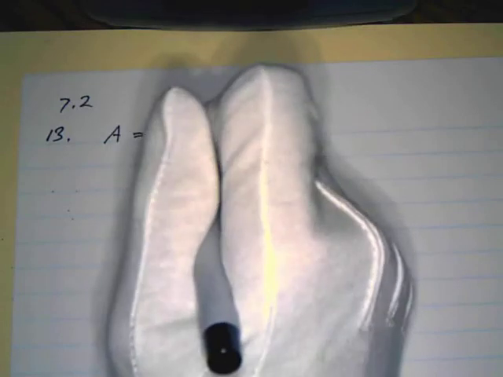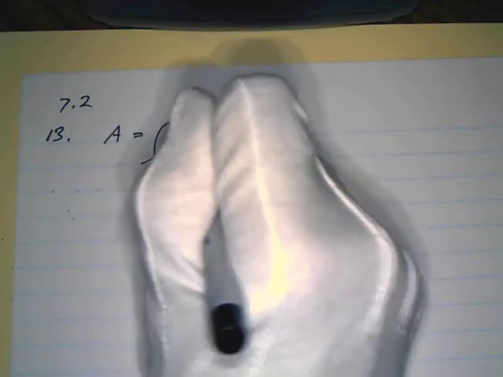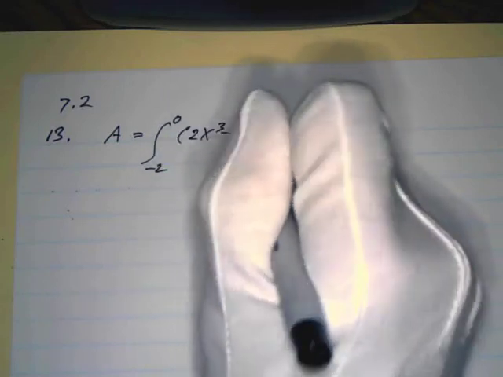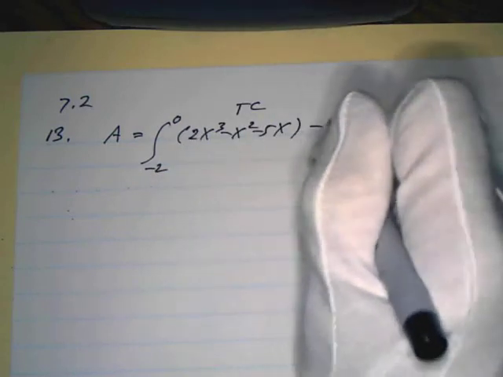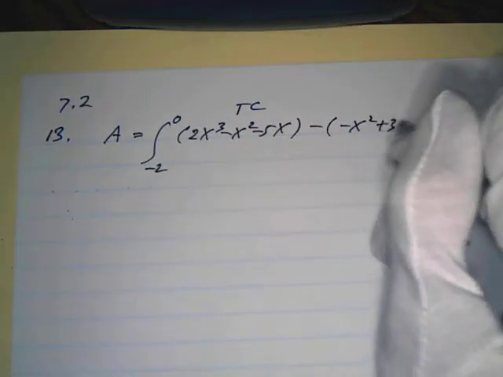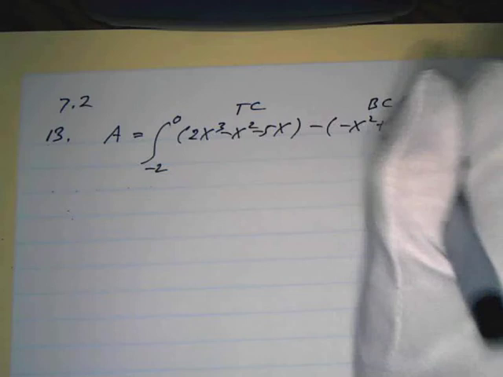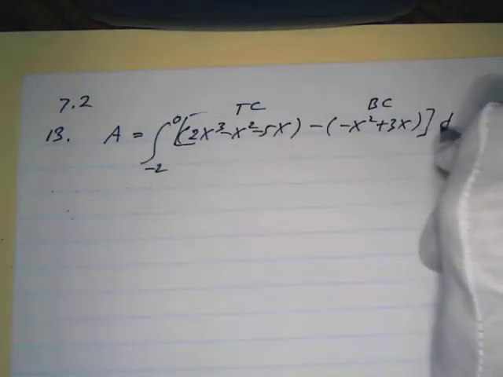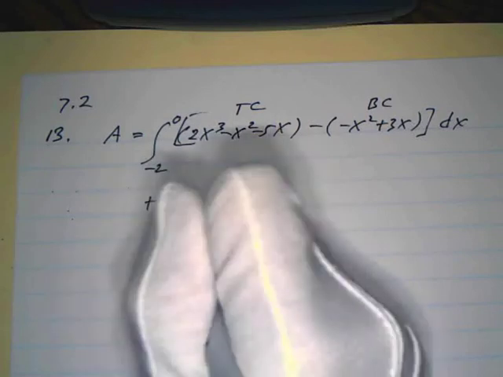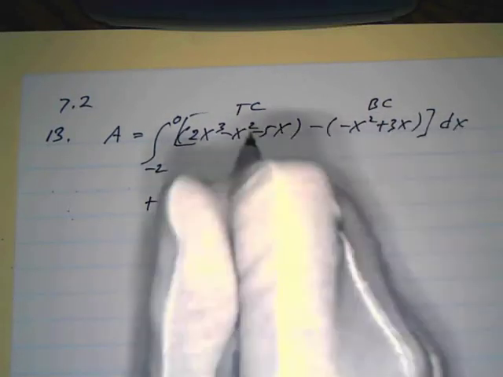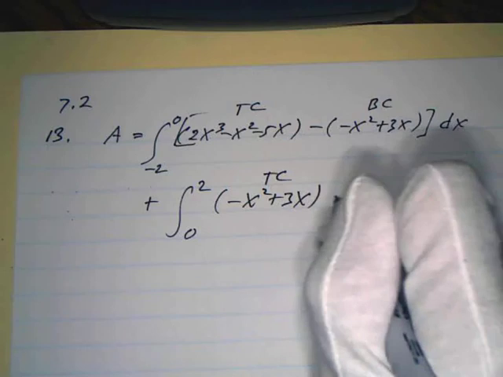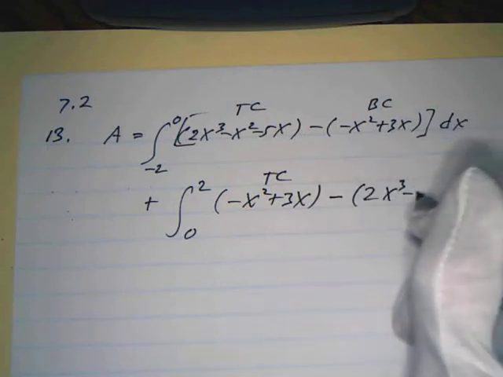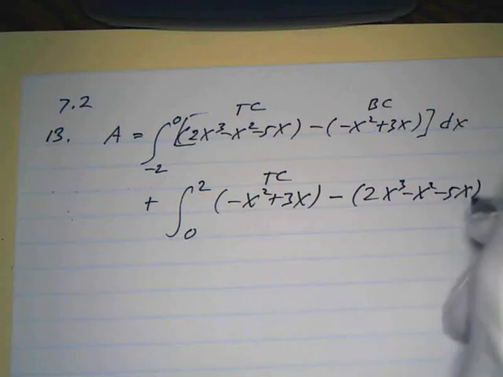So it's going to go from negative 2 to 0, and this one, 2x cubed minus x squared minus 5x, is going to be the top curve, minus the negative x squared plus 3x, which is going to be the bottom curve, and that's all with respect to x, plus the integral from 0 to 2, and then I flip them, so this negative x squared plus 3x will be the top curve, minus the 2x cubed minus x squared minus 5x, which will be the bottom curve.